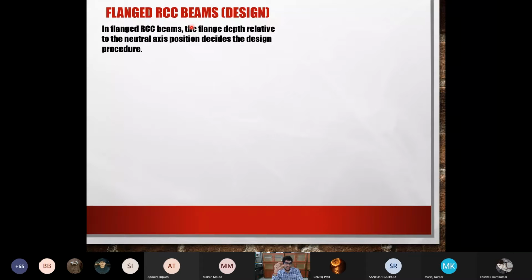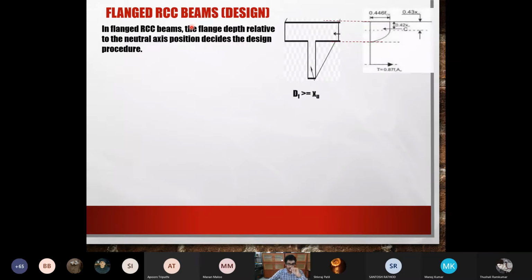Here the peculiarity is that your neutral axis will be somewhere depending on how thick the flange is and how deep the web is. So the ratio of the depth of the flange to the overall depth, or to the neutral axis location, actually decides how to design this particular type of beam. So we have three cases for that.